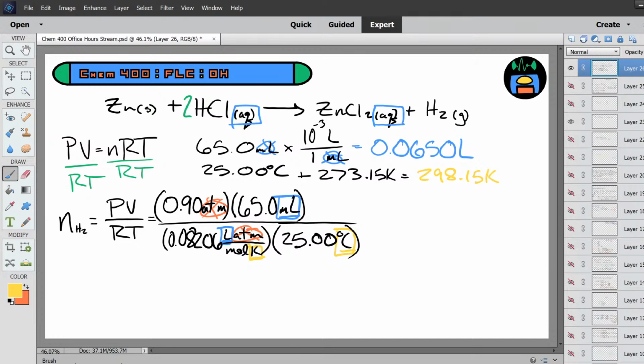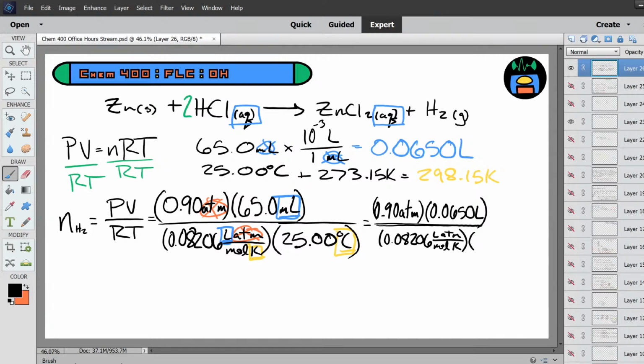All right, now we can plug these numbers in and actually get an answer. So 0.90 atmospheres times 0.0650 liters over 0.08206 liter atmospheres per mole Kelvin times 298.15 K. All right.